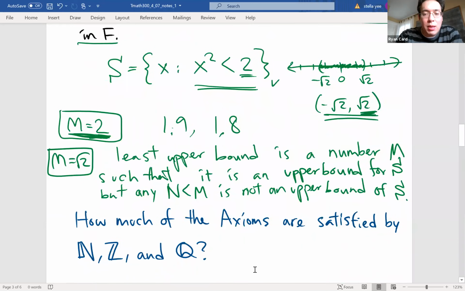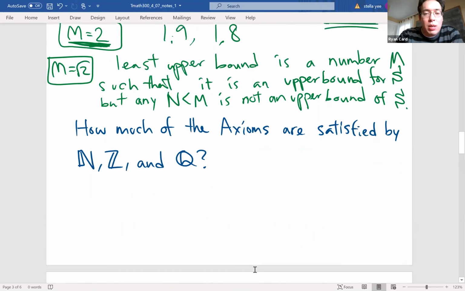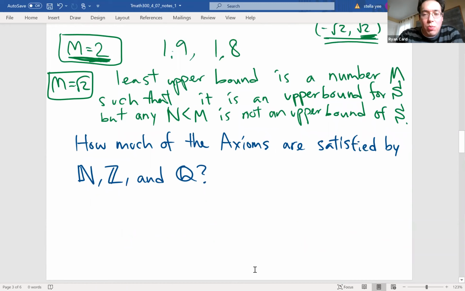Okay, so now that we know what it means to be a real number, there were three things, right? It had to be a field, then it has to be an ordered field, and then finally it had to be complete.